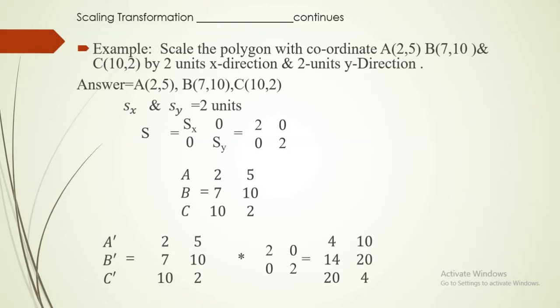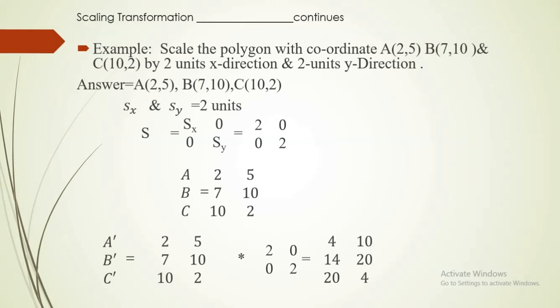So the answer is: the given content is the ABC coordinates and Sx and Sy are equal to 2 units. So S is equal to Sx 0, 0, Sy, that is 2, 0 and 0, 2. This is the S matrix, and the original coordinates ABC are 2, 5, 7, 10 and 10, 2. By using the formula of scaling transformation we get A dash, B dash and C dash.